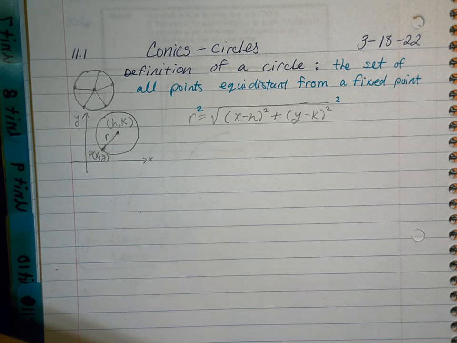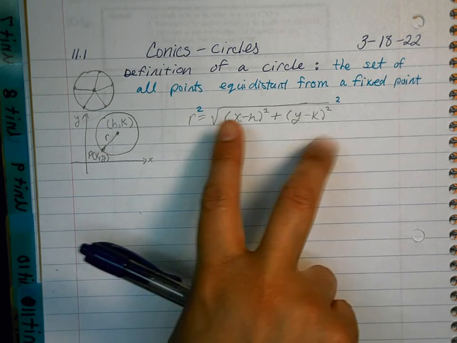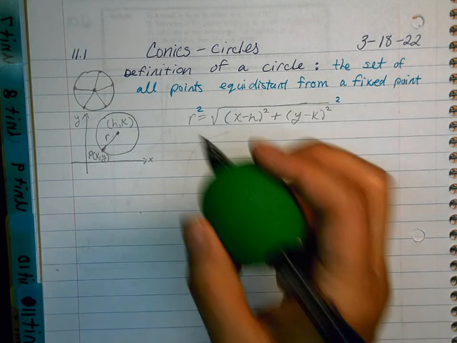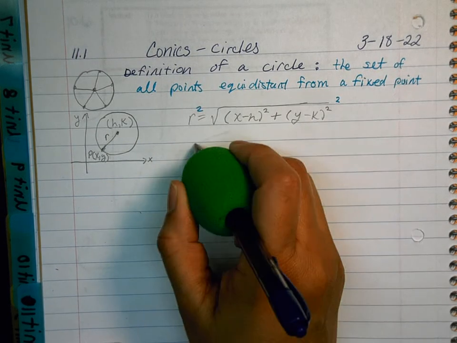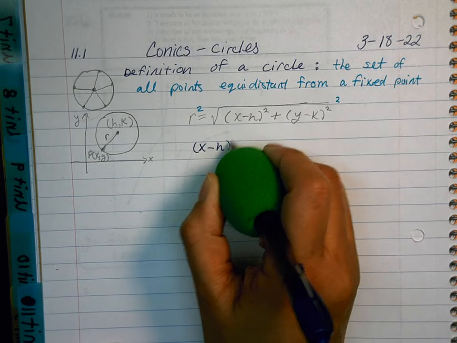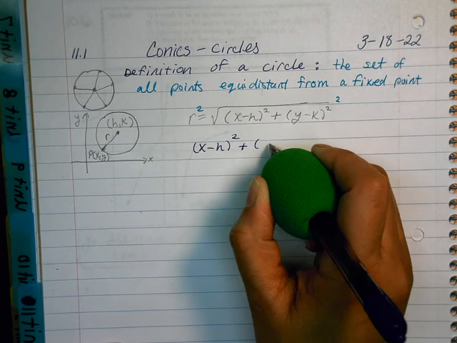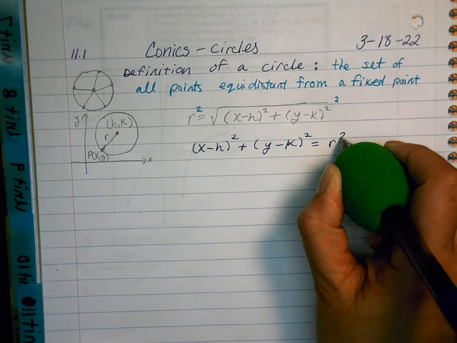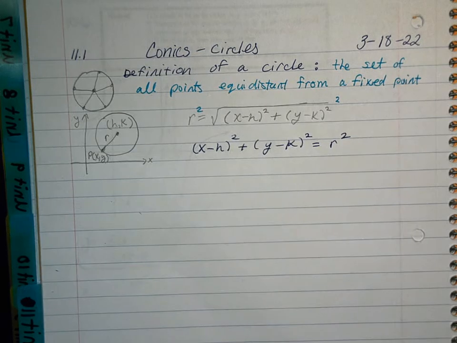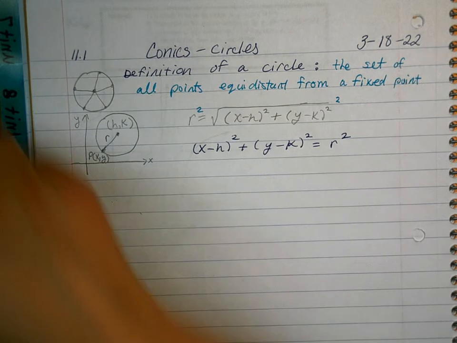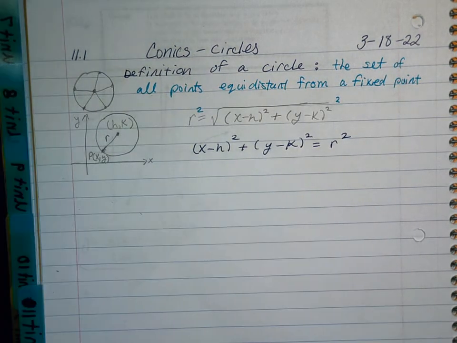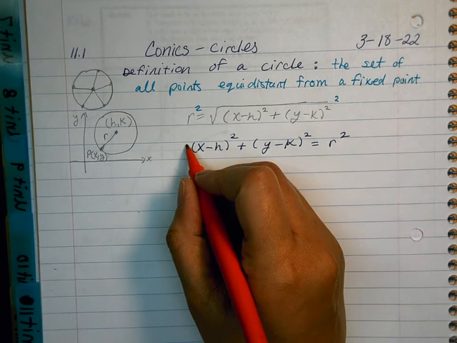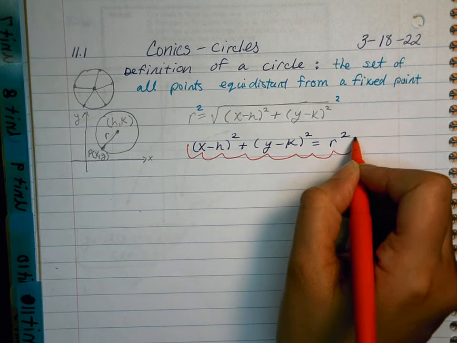And the only thing I'm going to do is rewrite it so these variables are on the left side and my r is on the right side. So it looks like this. X minus h quantity squared plus y minus k quantity squared equals r squared. And this here is the formula for my circle in standard form.